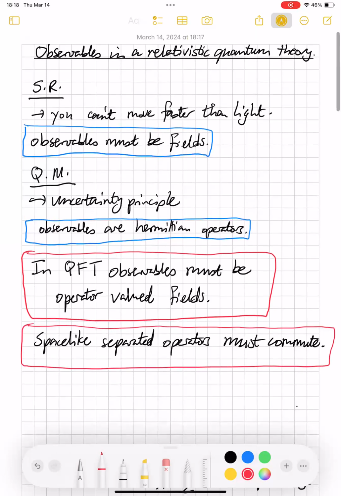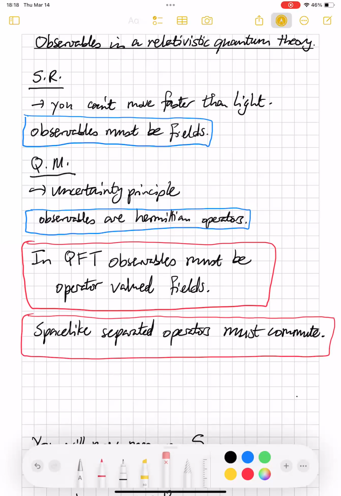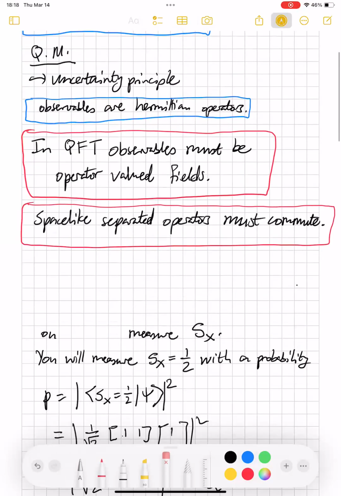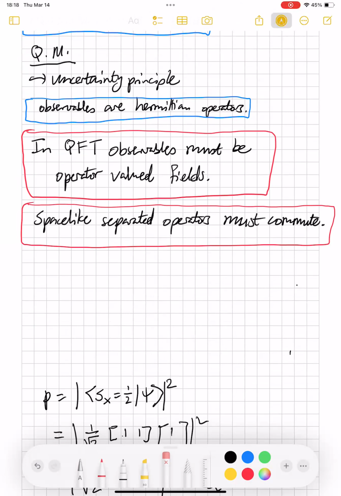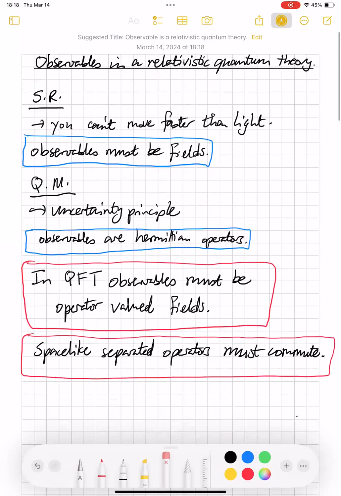The measurement of those two operators cannot disturb each other. But if measurement of one operator does not disturb the measurement of the second operator, that means those two operators have to commute. These are the conclusions of this chapter. In quantum field theory, observables must be operator-valued fields, and space-like separated operators must commute.